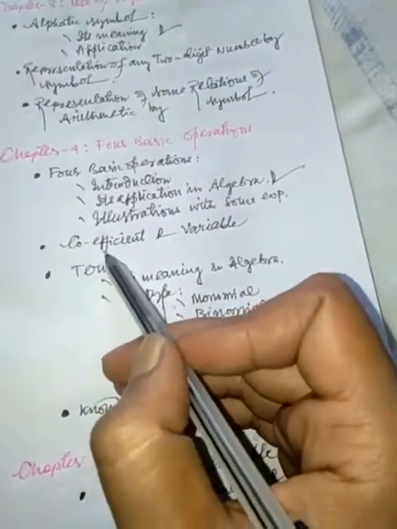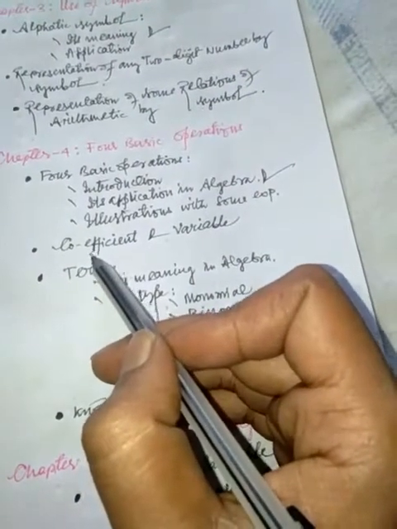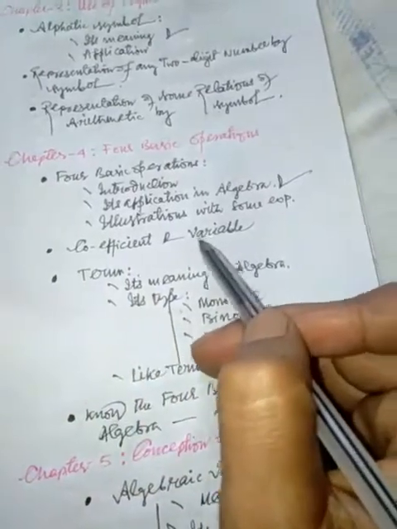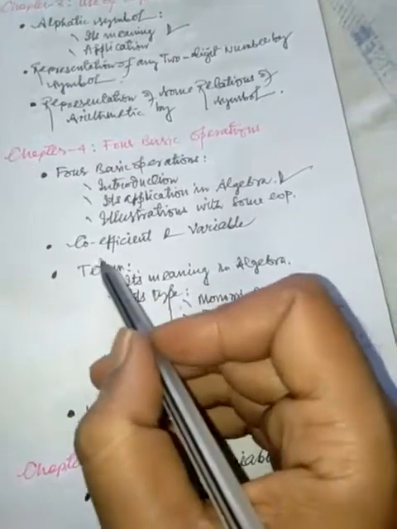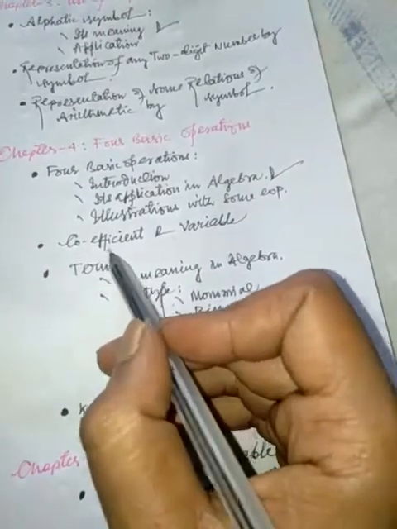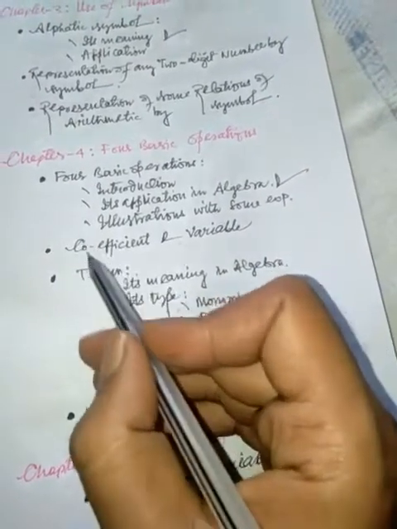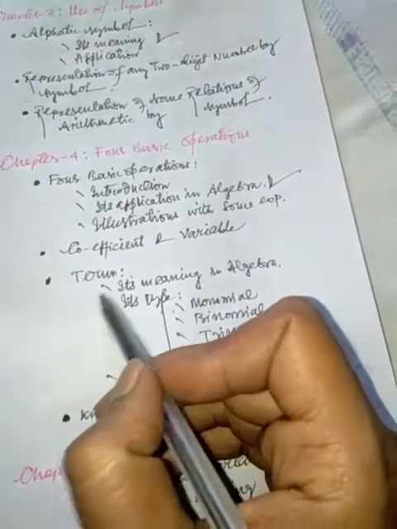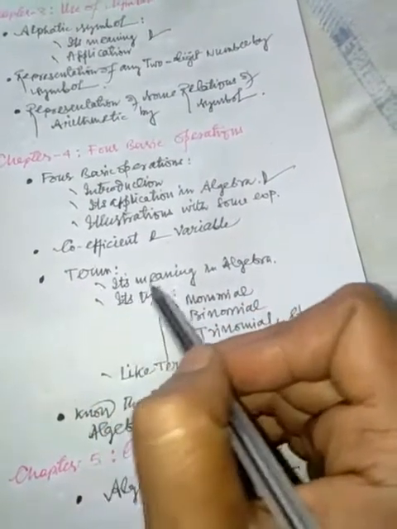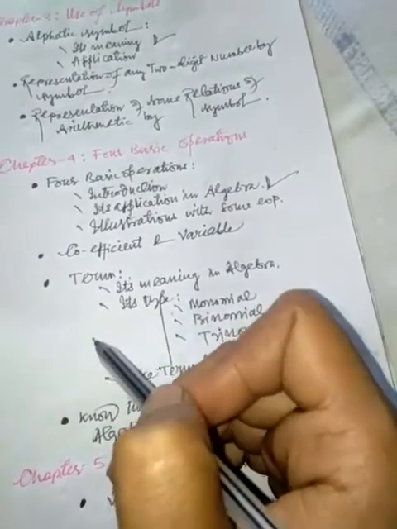Thereafter we will know the coefficient and the variable. What is a coefficient and what is a variable? We will learn in this chapter number 4. Then the term. What is the meaning of term in algebra?